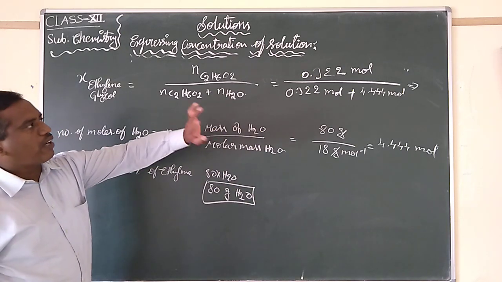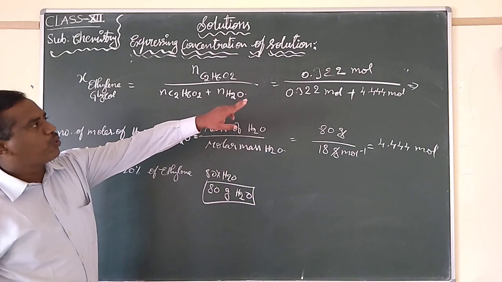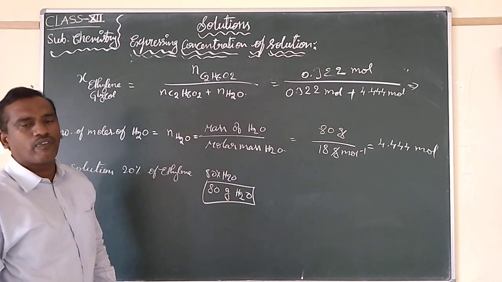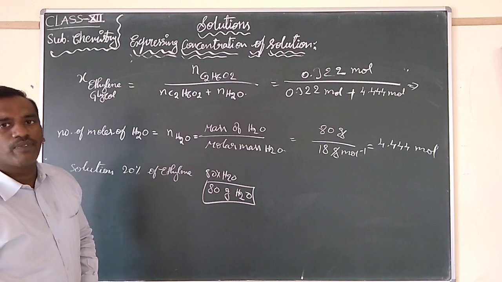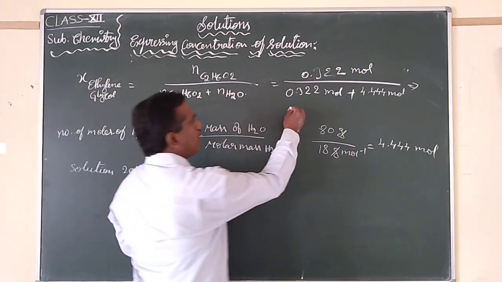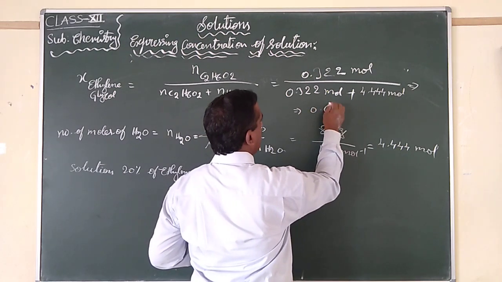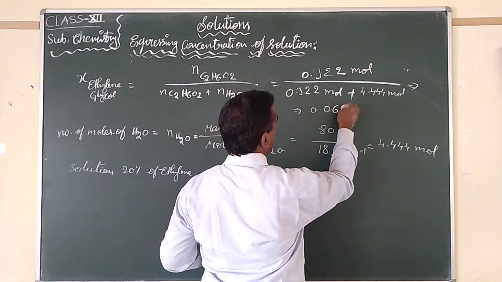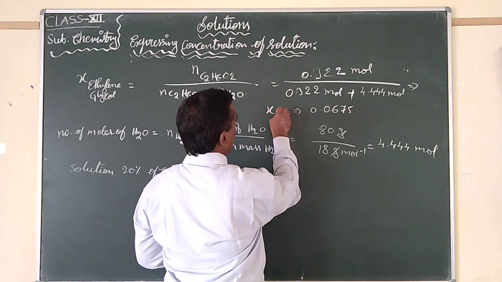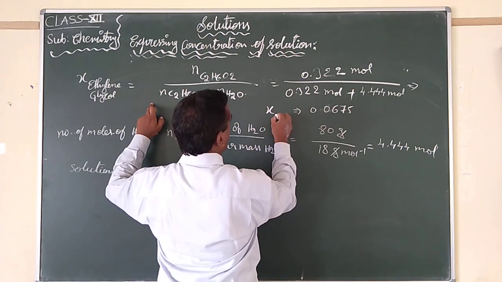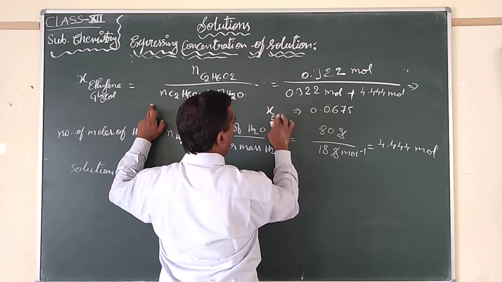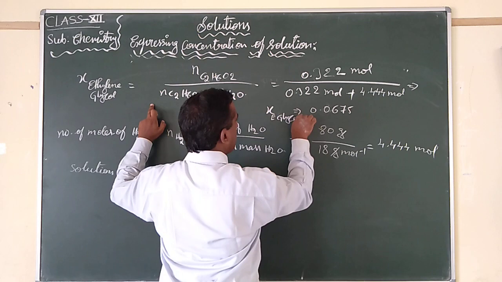So after solving 0.322 by 0.322 plus 4.444 moles, how much are you getting? Please check the answer. 0.0675 is the mole fraction of ethylene glycol.